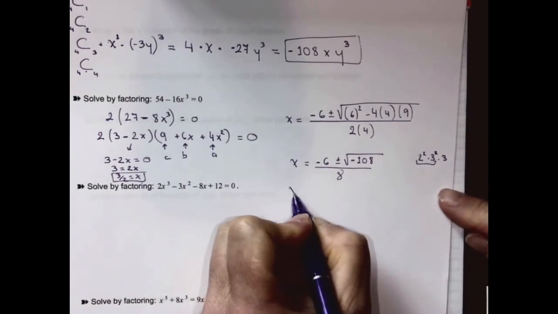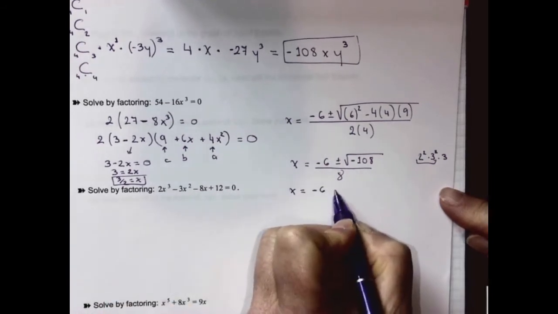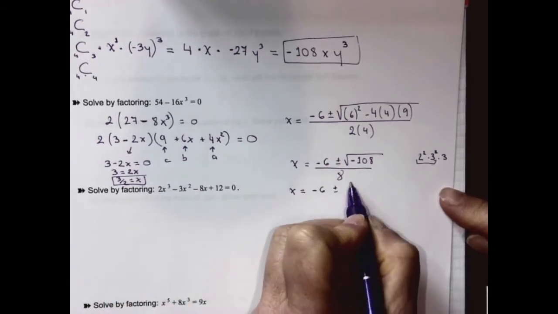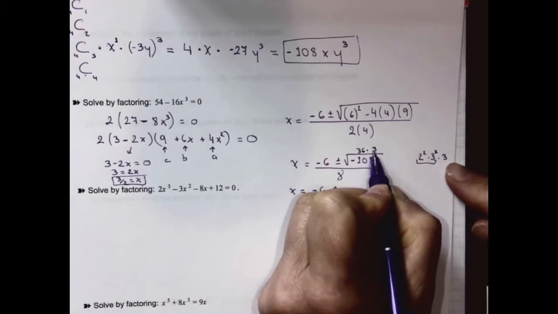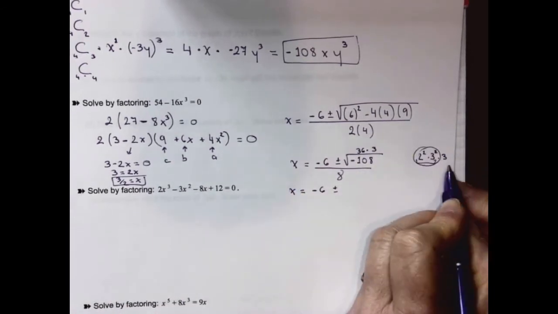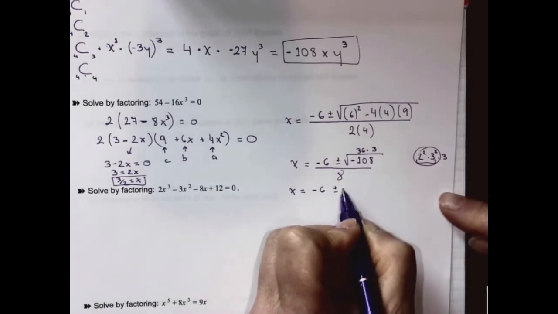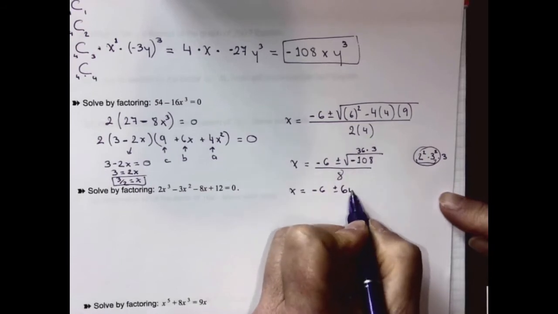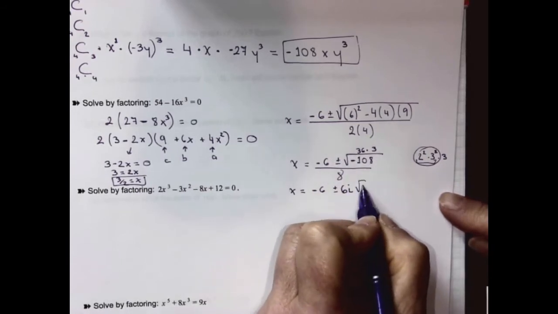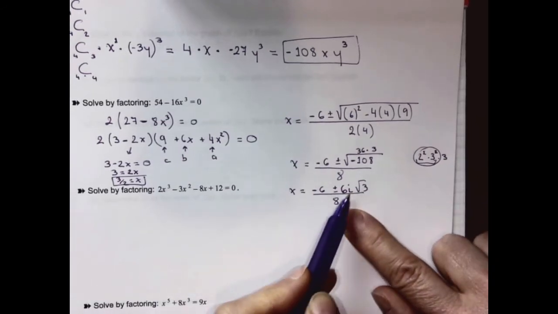So x equals negative 6, and then we have plus or minus. If this here is 36 times 3, right? This is 36 and that's 3. So if that's 36 times 3, the 36 will come out as a 6 from the square root. The negative will come out as an i, and then the square root of 3 stays, over 8. But now we can simplify those, right?